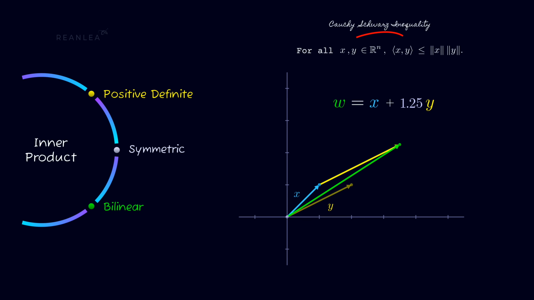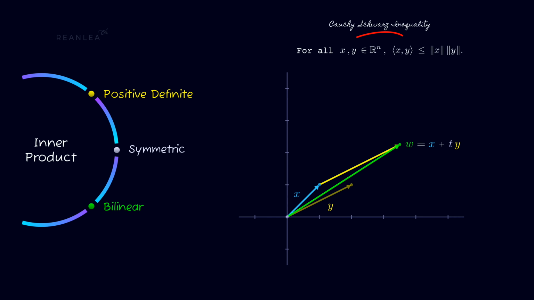So for any vectors x and y in R2, as well as in Rn, for all n in the set of all natural numbers, we can always construct a new vector w equal to x plus ty, where t is a variable scalar.